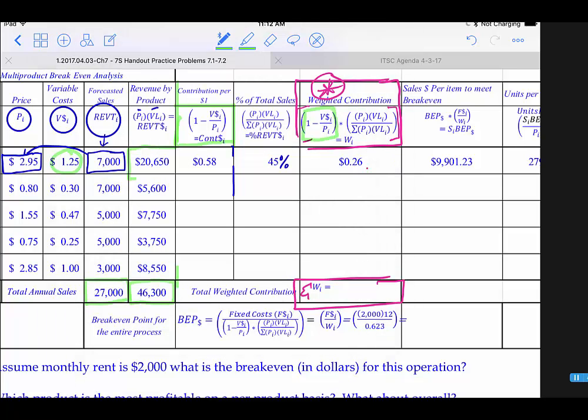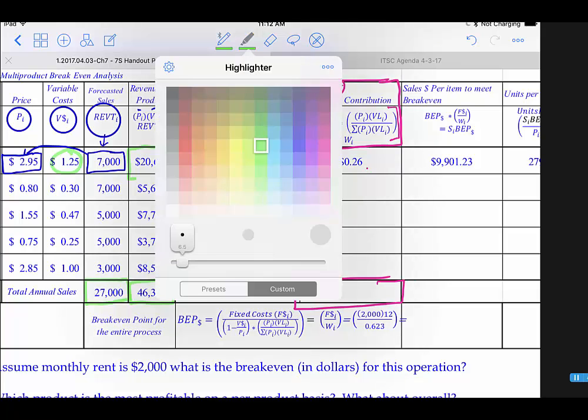So we're going to take 0.58, that's this, and multiply that by price times volume divided by the sum of price times volume. So ostensibly that would be this column right here. Let me give that a different color. We'll make that one blue.